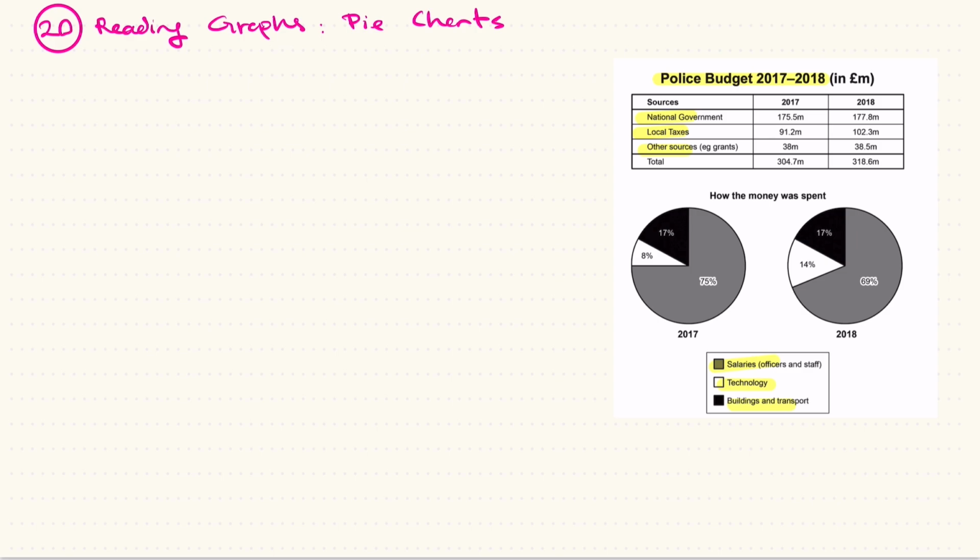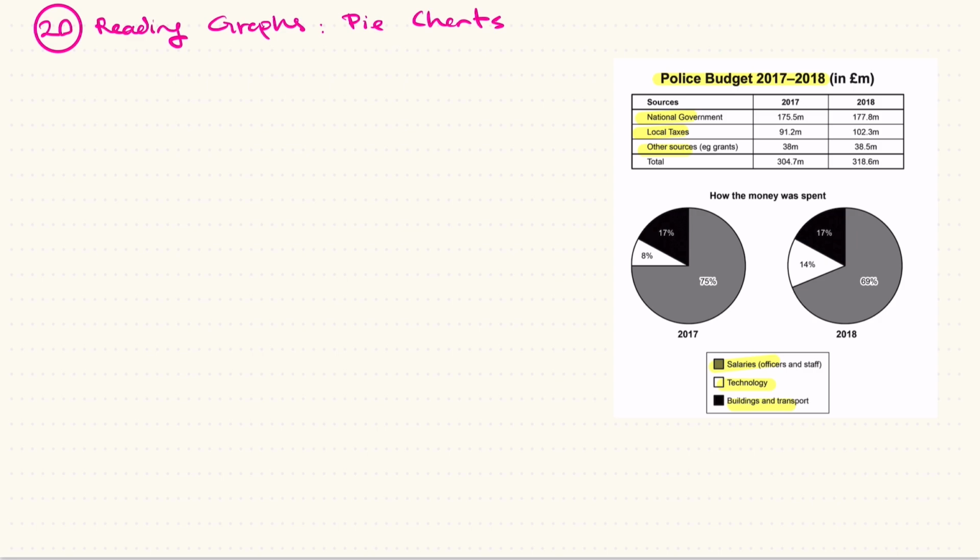So that by itself is your first paragraph, essentially describing what the graph is describing. So using this information that I just mentioned, the police budget, the sources, and the use cases for these sources, you want to describe the graph itself.